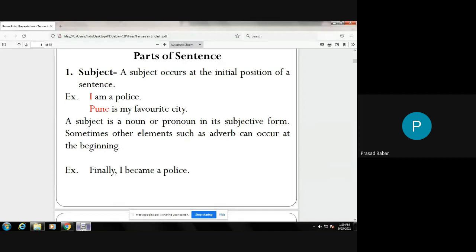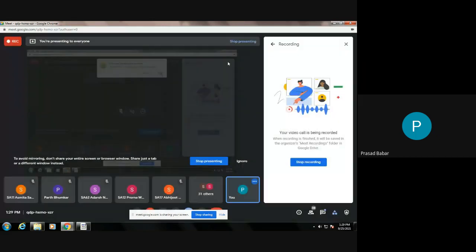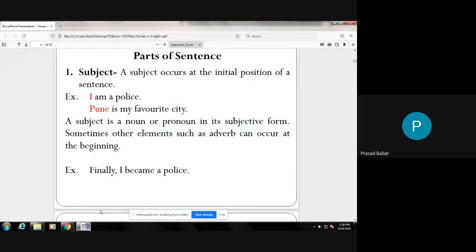So I and Pune. These two are the subjects of a sentence. These two are called subjects of a sentence because they came at the very initial position in a sentence.